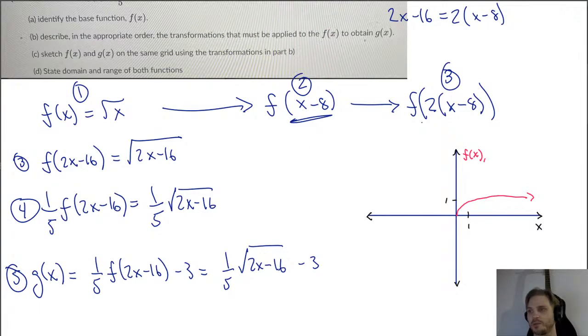Honestly, maybe I should graph a couple other points first, because that'll help me. So this is going to be 2, and then we got actually 2, 3, 4. This will be 2.